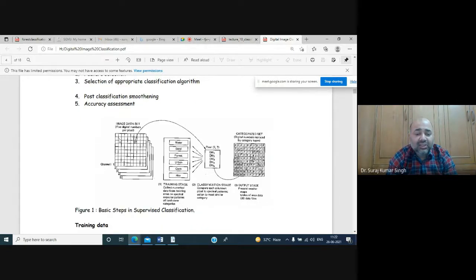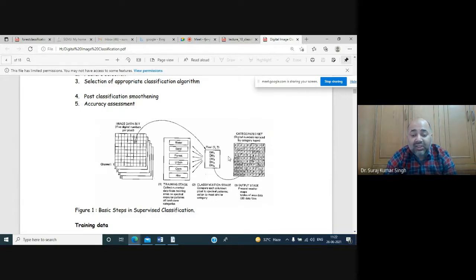Now for example, these are the various spectral channels that we are getting. This is the false color composite that we have generated. Now we'll take sample pixels from each of a number of classes: one that responds to water, one to sand, one to forest, one to urban area, one to corn cultivation, based on the pixel values that we select on the master image or the input image.